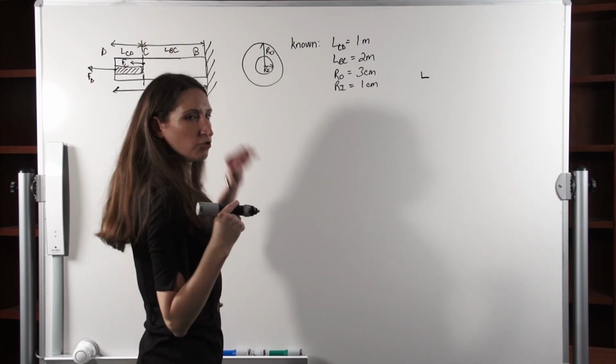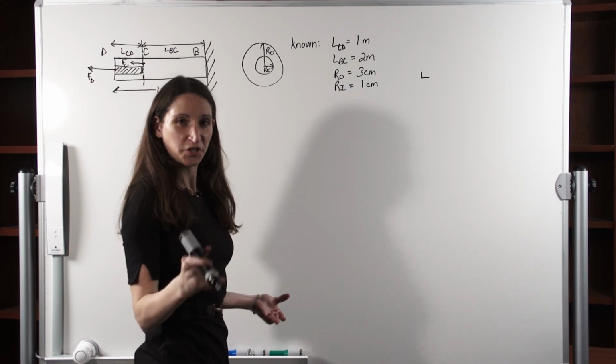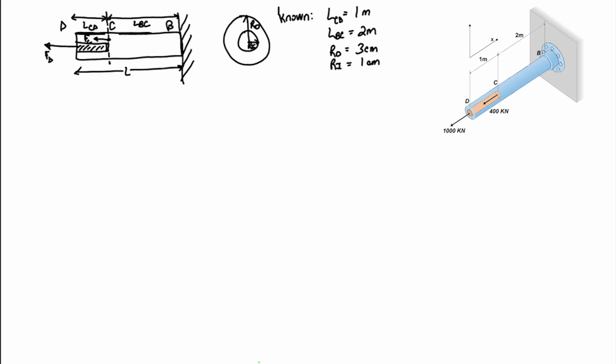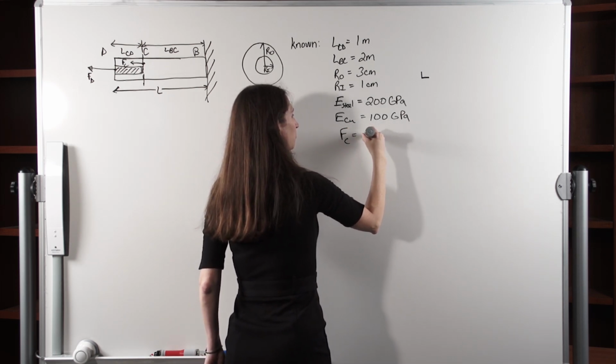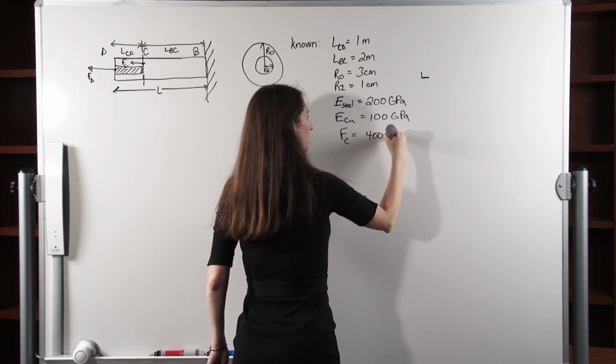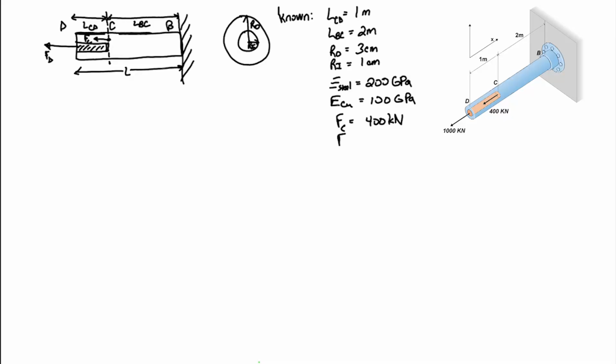Okay, so those are our geometry parameters. Then we also know something about the materials. So we know that the modulus of steel is 200 GPa, and the modulus of copper is 100 GPa. And then finally, we're told that Fc is equal to 400 kilonewtons, and Fd is equal to 1,000 kilonewtons.